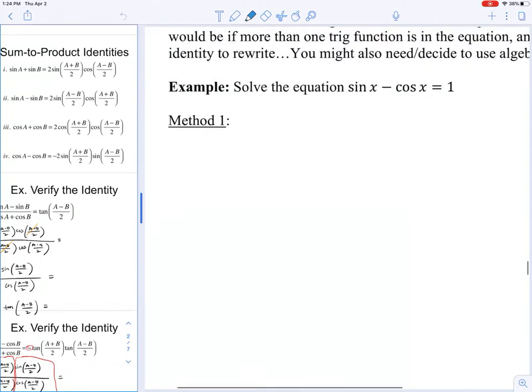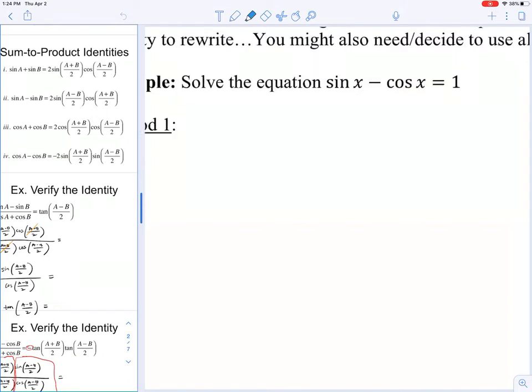And I'll leave it up to you. The first method is just using the identities, but it's maybe a little bit more challenging to see, whereas the second method also works, but I'll explain why you need to check for extraneous solutions.